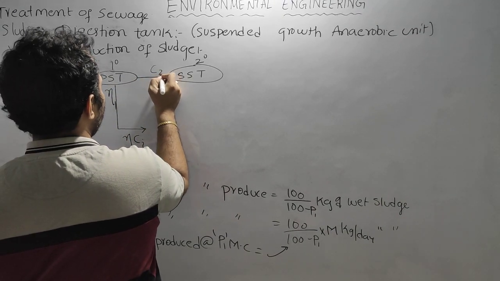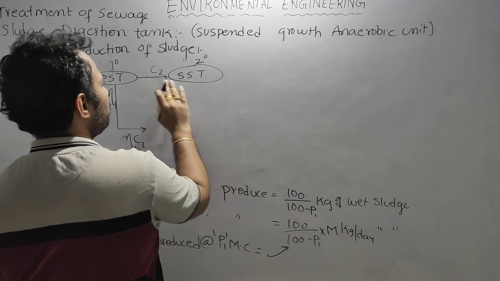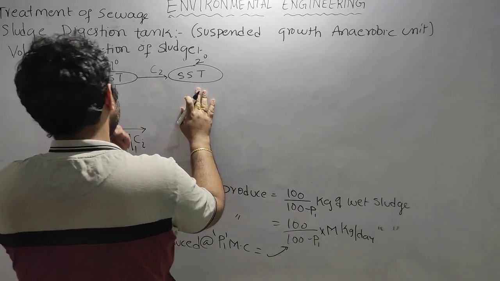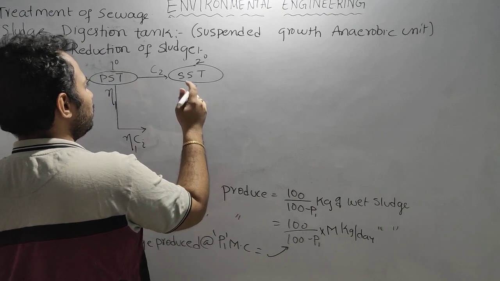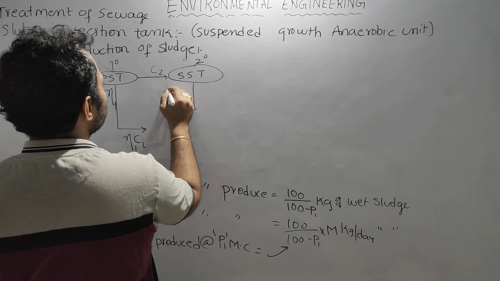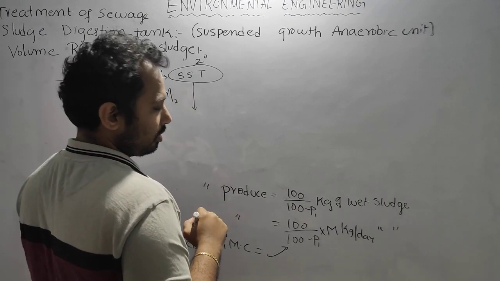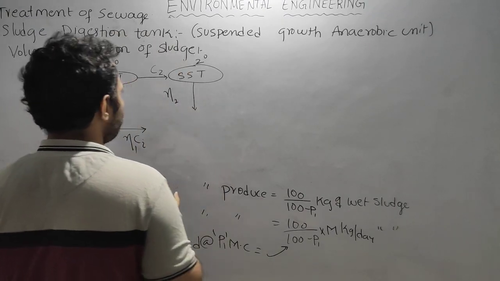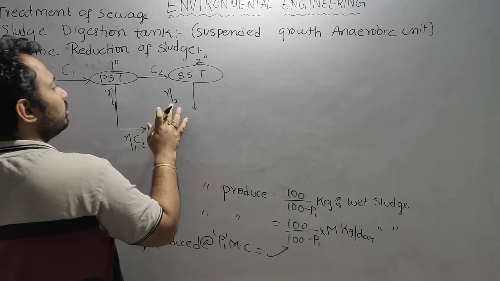Let the concentration of the solids here be C2, which is entering into the secondary sedimentation tank, and the secondary sedimentation tank is also removing some amount of sludge, some solids here. Let that be eta 2.